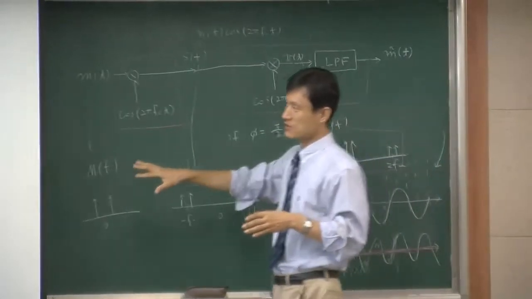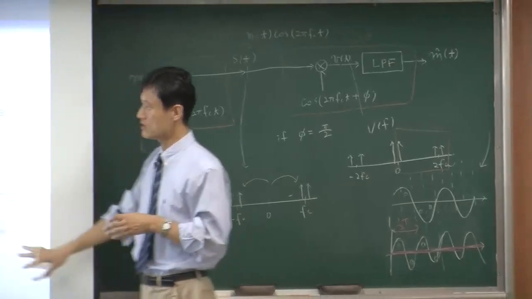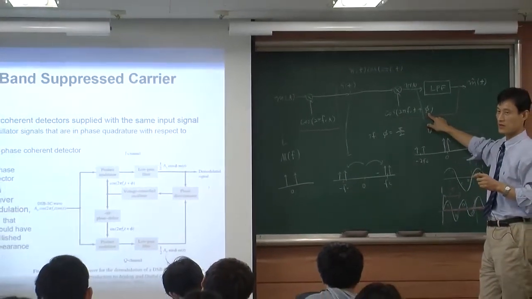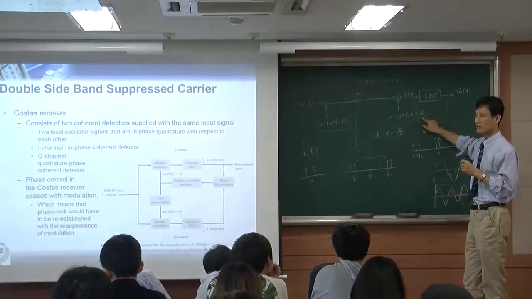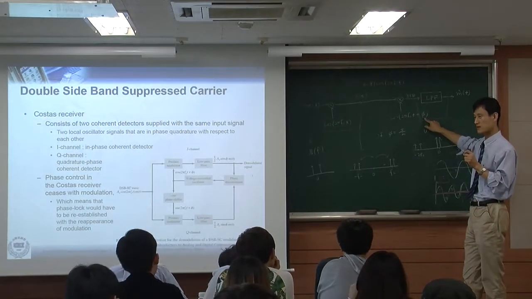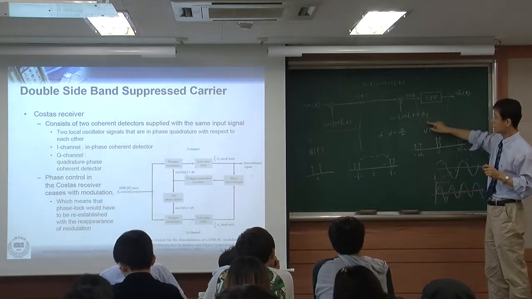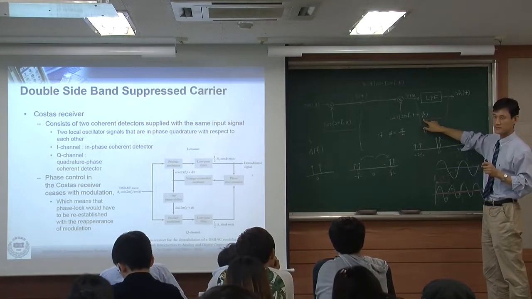So what this Costas receiver tries to do is to find out what the mismatch is. You want to find out this phase mismatch. In the simple receiver that I have here, there's no way you can find out.